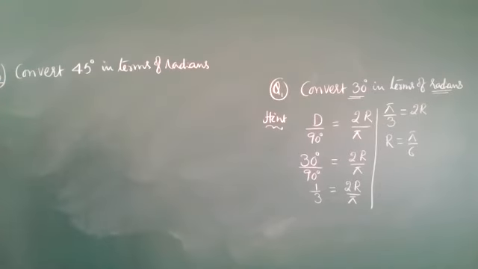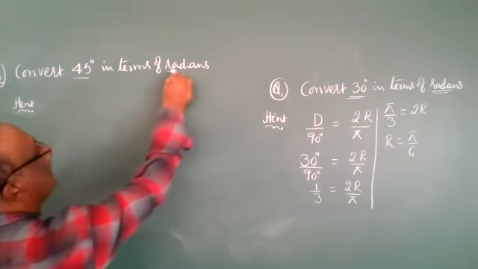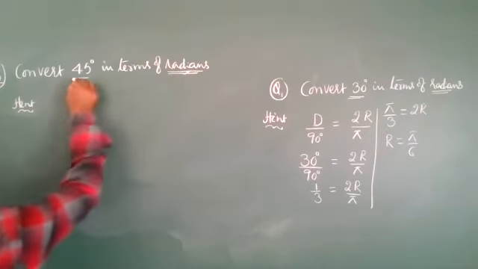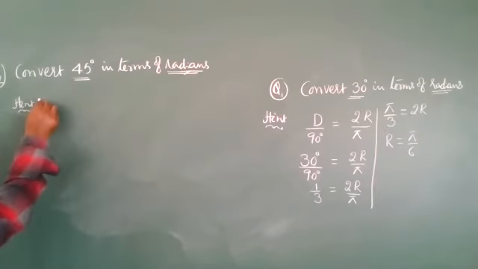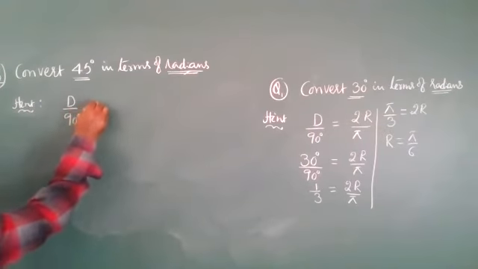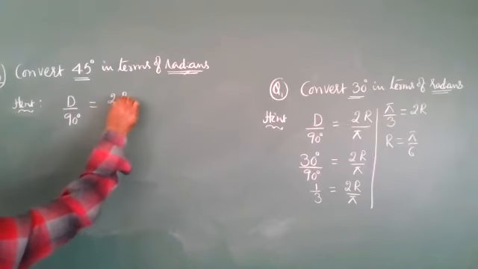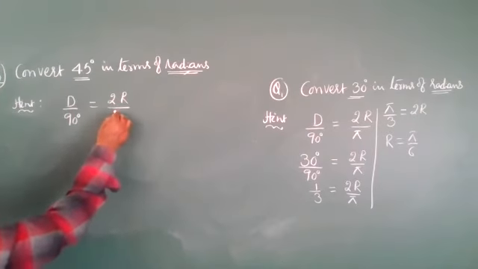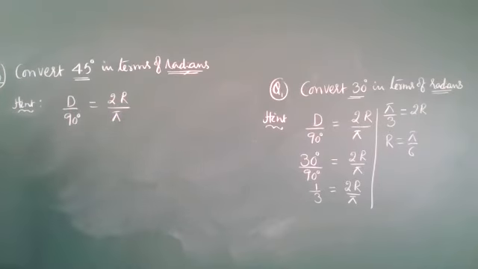The relation is degrees and radians: degrees by 90 is equal to 2r by pi. Pi means 22 by 7, but in terms of pi only write down.